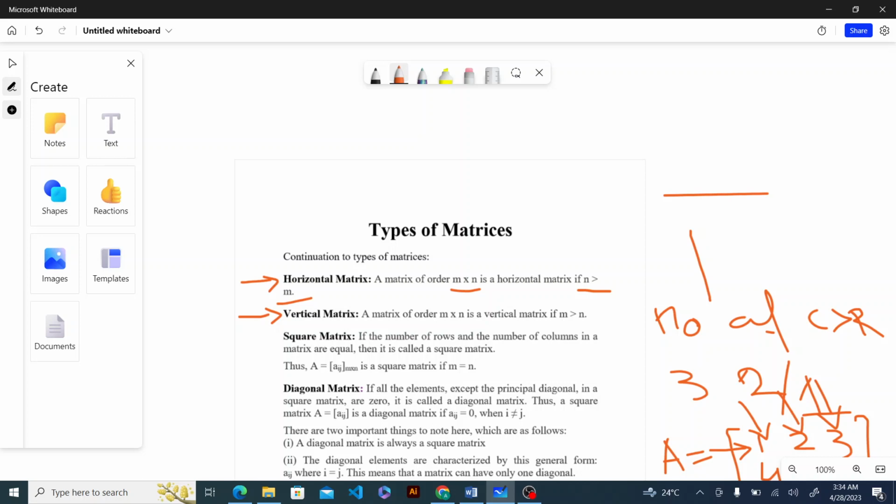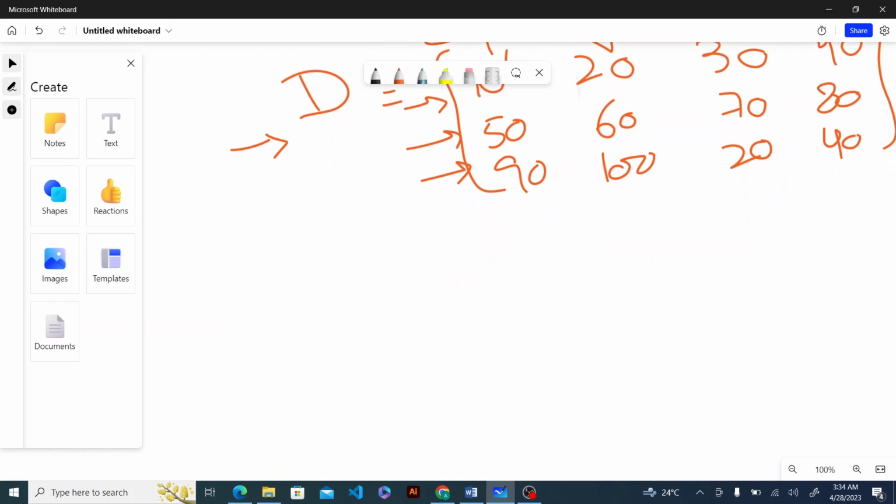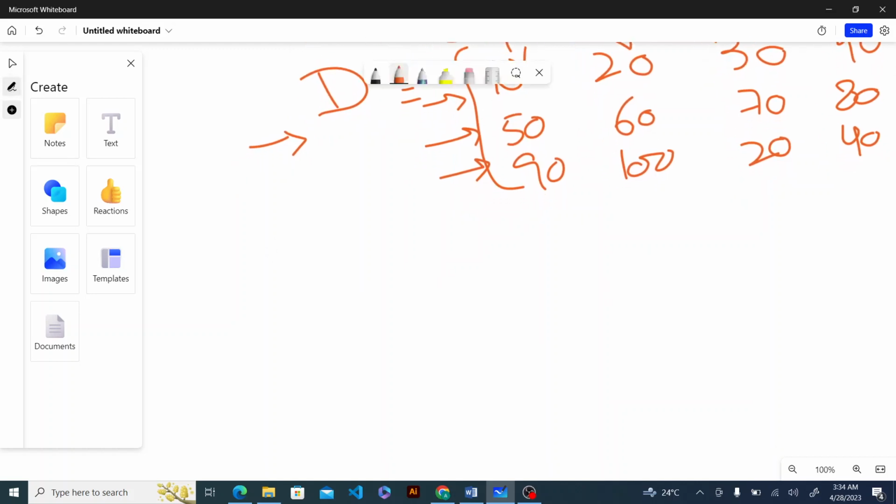So here what is needed is that the number of rows should be greater than the number of columns. In vertical, rows greater than columns.